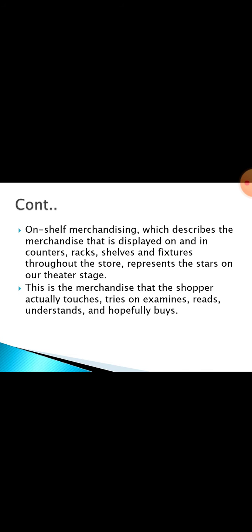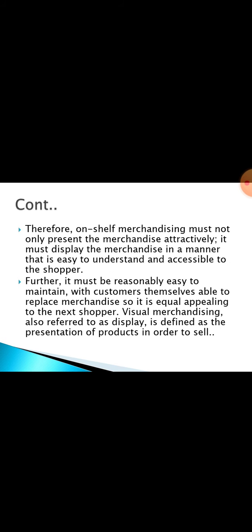On shelf merchandising is displayed on counters, racks, shelf fixtures, whatever you see in a retail store in the form of counters and racks, that includes on shelf merchandising. So on shelf merchandising must not only present the merchandise attractively, but it must be easy to understand from the point of view of the customer.